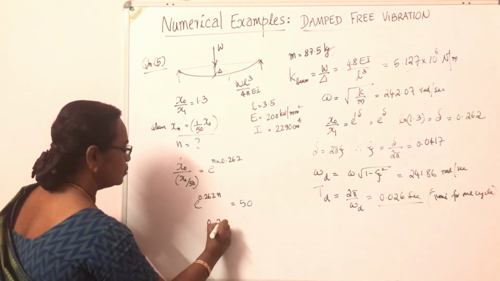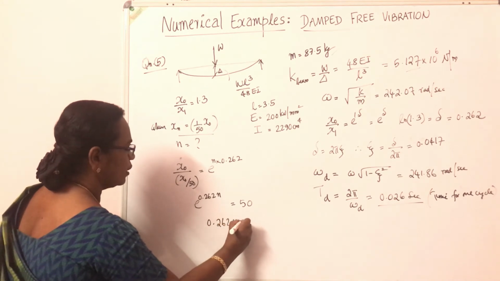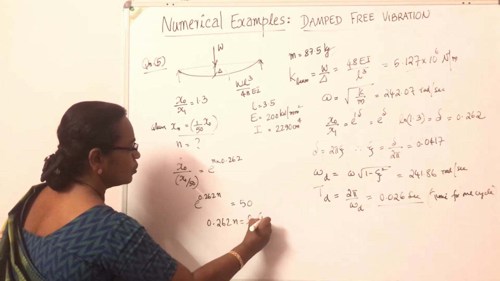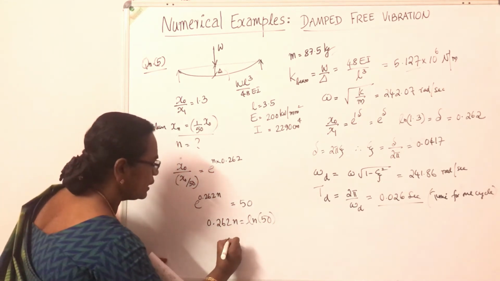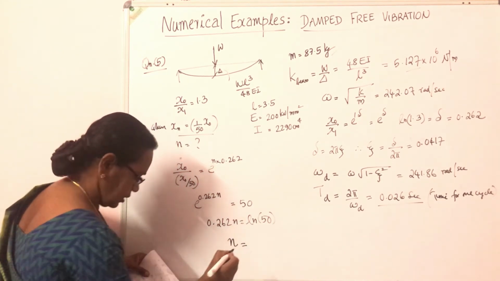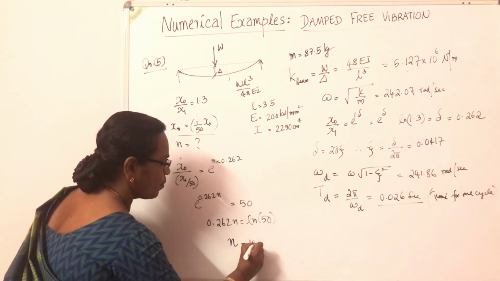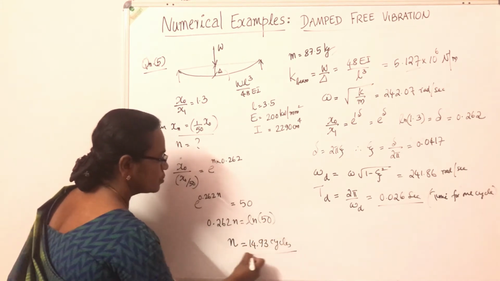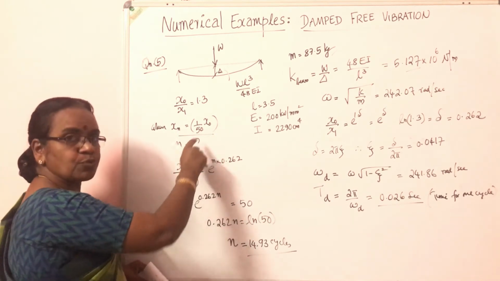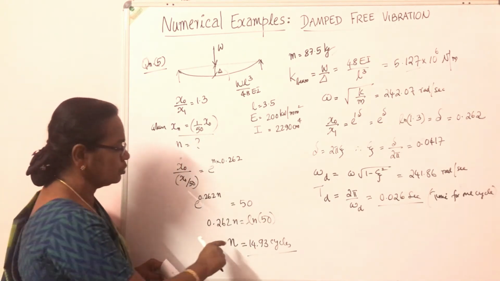So 0.262 n is natural logarithm of 50. From that we get n as 14.93 cycles.